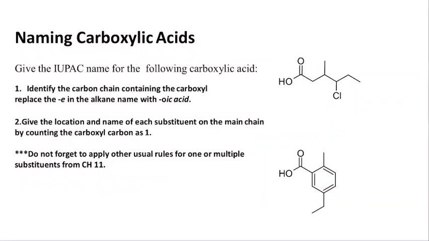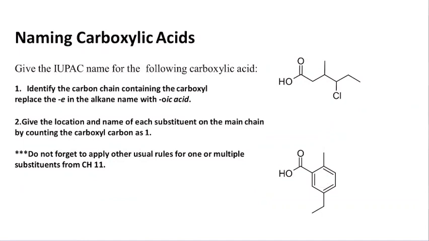As we have done throughout our discussions in organic chemistry, carboxylic acids are not any different when it comes to rule number 1, which is identifying the longest carbon chain that we have in our structure. Now, when it comes to carboxylic acids, that carbon chain needs to contain the carboxyl group.